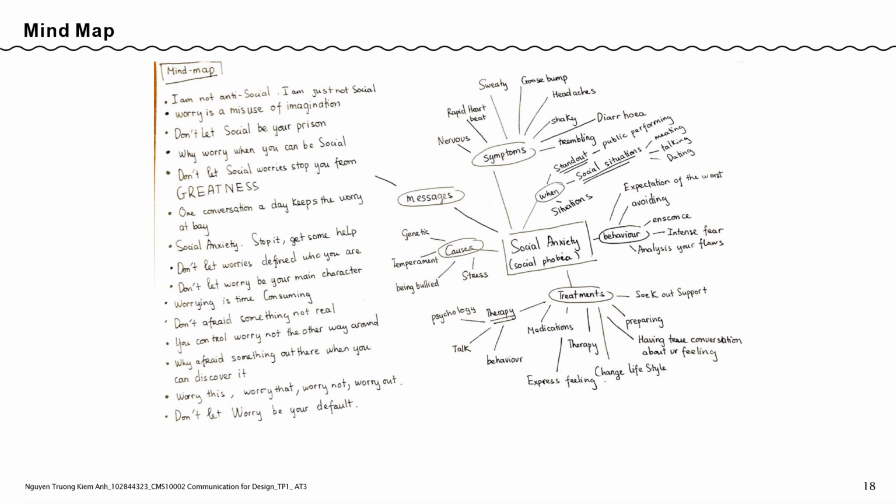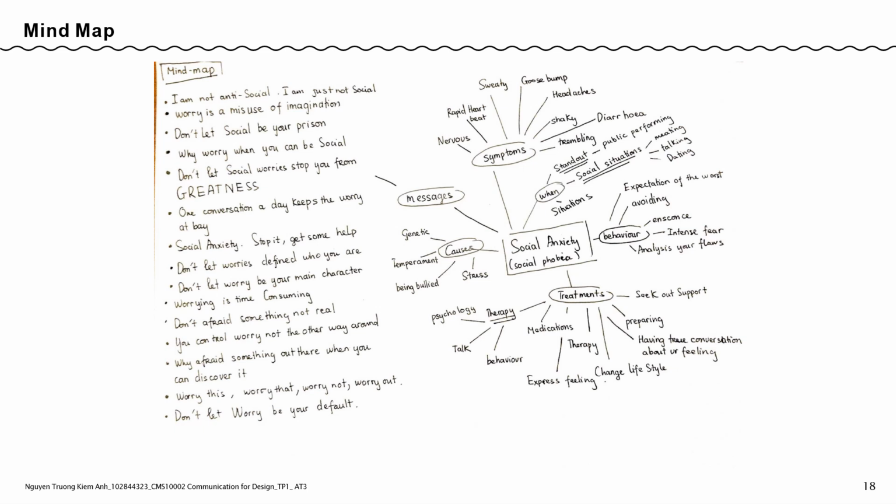Next we have stage 2, concept design. We start with the mind map for social anxiety. Here I wrote down some keywords. The symptoms of social anxiety are nervousness, rapid heart rate, sweating, goosebumps, shaking, and trembling.